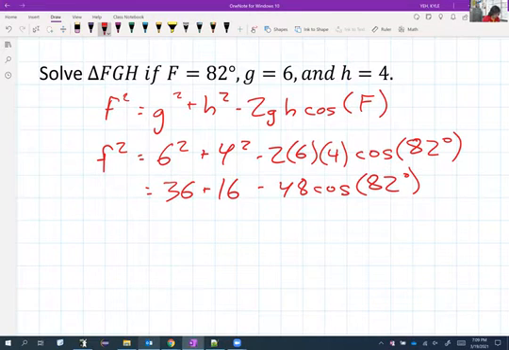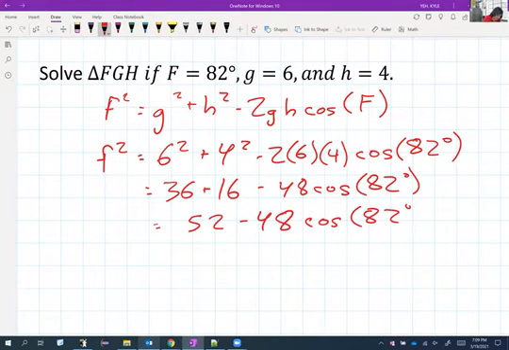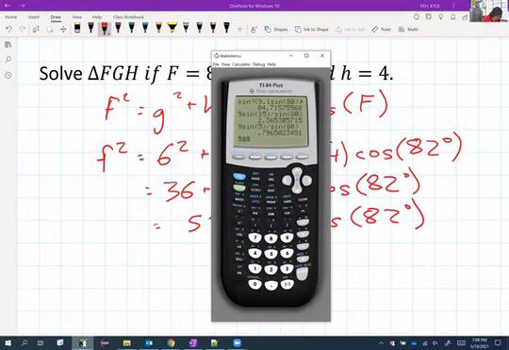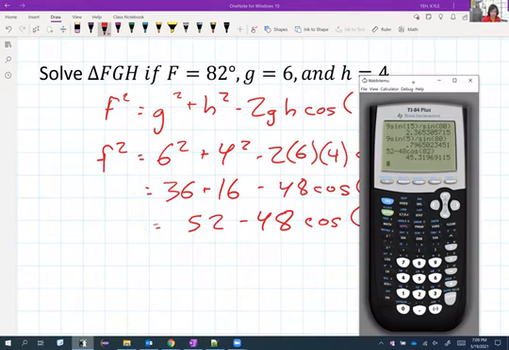Yes, we could, saying okay, so this is 52 minus 48 cosine 82. I know I can't combine the 52 and the 48 because the 48 is being multiplied by something, cosine 82. But honestly, if I do 52 minus 48 cosine of 82 degrees, I get that answer for F squared, 45-ish.